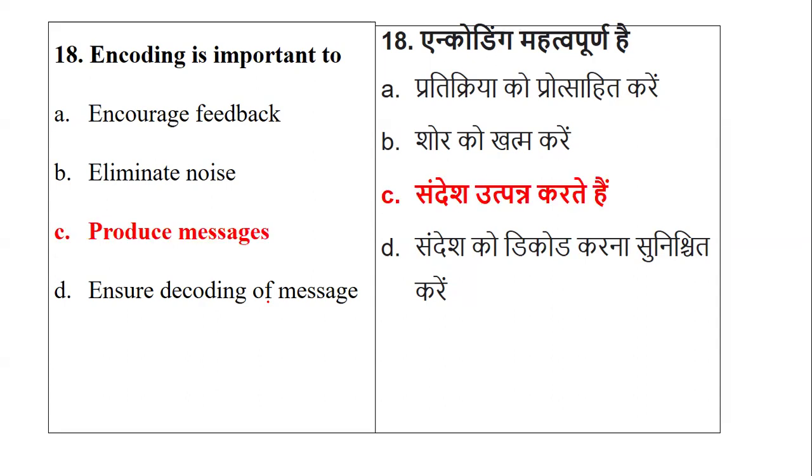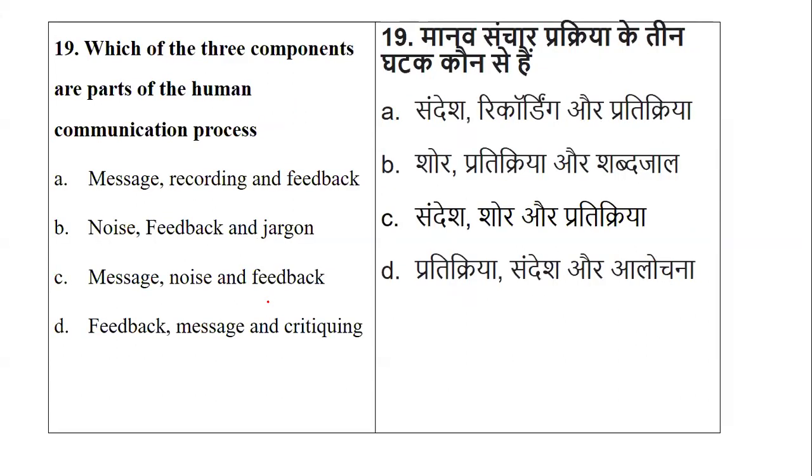Decoding comes from the receiver. So encoding produces the messages, whereas decoding encourages the feedback. They have not given that question, but unless you interpret, it will be very difficult for you to give feedback. So decoding basically encourages the feedback, right?